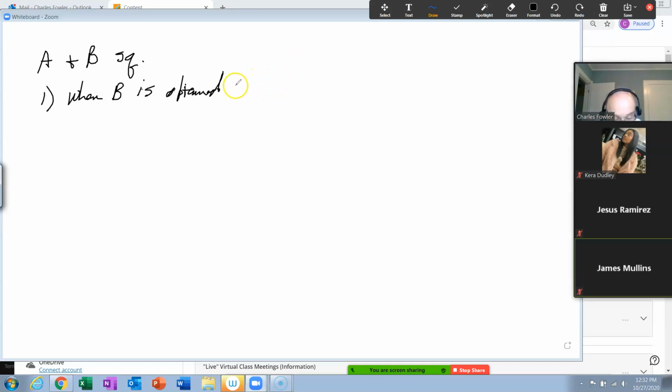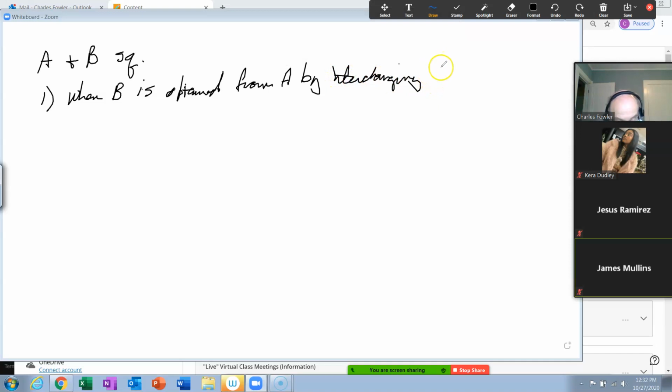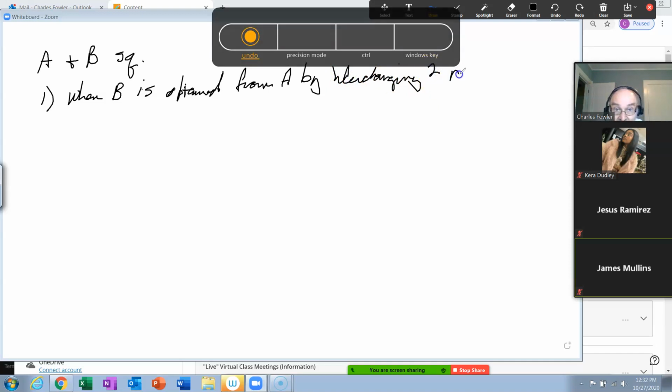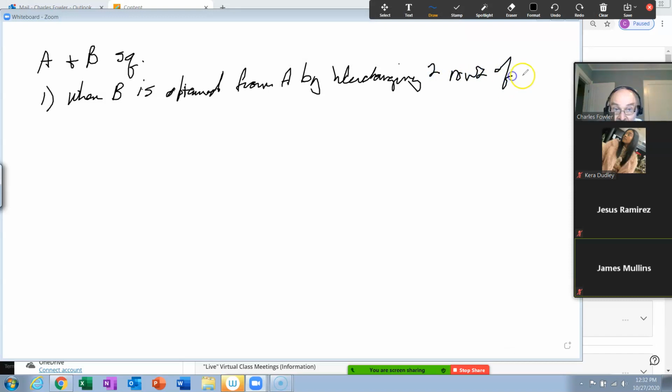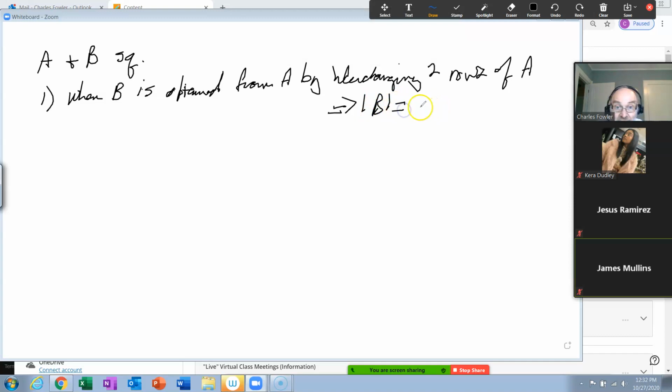If B is obtained from A by interchanging two rows of A, then the determinant of B is equal to minus the determinant of A. By exchanging 2 rows, you're going to negate your determinant.